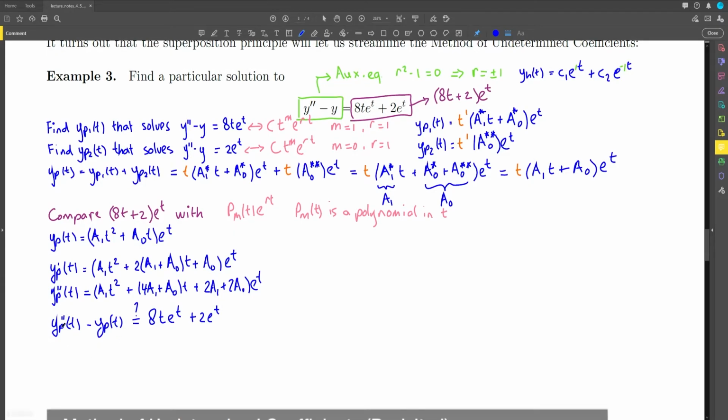So we start with y_p double prime, and that is equal to, let's write it out, a1 t squared e to the power t plus 4a1 plus a naught times t, and there's an e to the power t there.